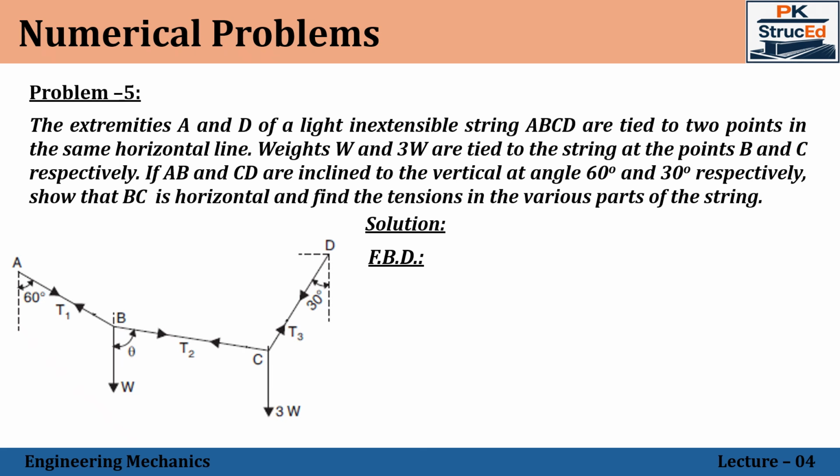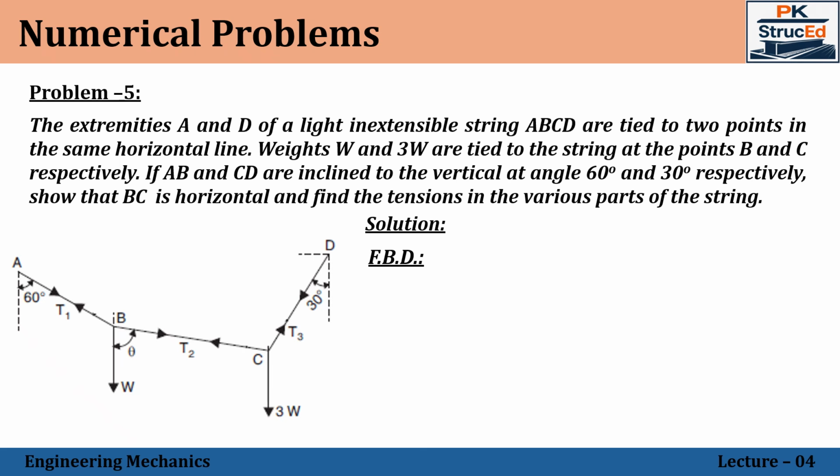Similarly at point D, connected to the wall or the roof, support reactions will be generated, again not known as of now. So we do not consider joint A and joint D as free bodies. We can go with either joint B or joint C or both in order to solve for the unknowns.